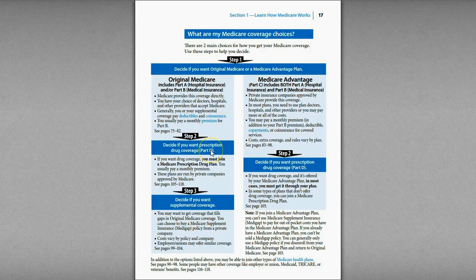So on the left side of the tree, we have what's called Original Medicare. When Original Medicare first came into play back in 1967, they developed Part A and Part B. Part A is what you hopefully have earned by working enough working quarters of your life and paying into Medicare and Social Security. Part B is the additional benefit that you do have to pay for.